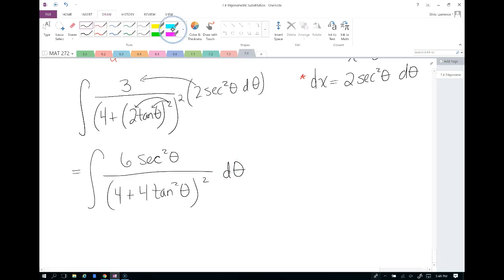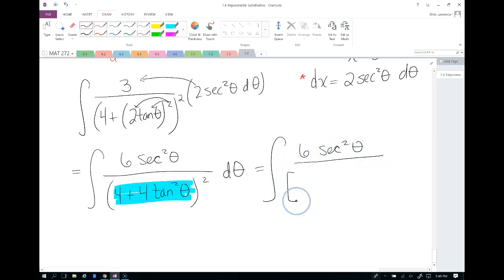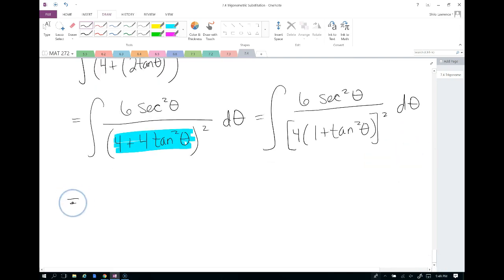Now, the expression inside of the square, we're going to be able to simplify with a Pythagorean identity. If we pull that 4 out of both of them, we're going to have 1 plus tan squared. And 1 plus tan squared is equal to secant squared.